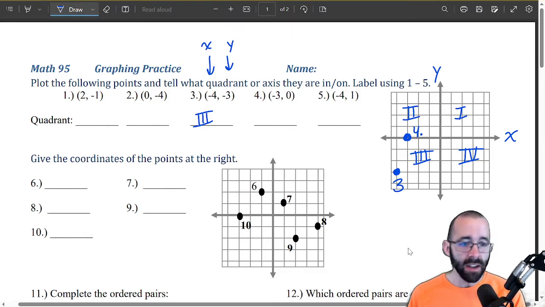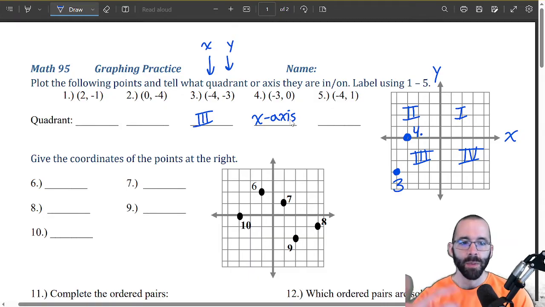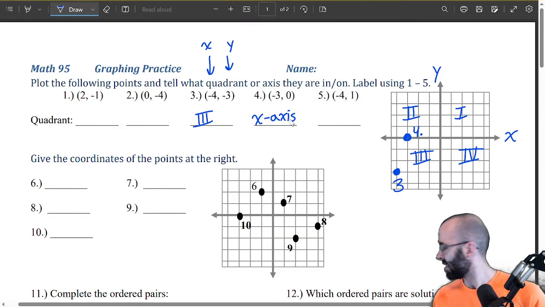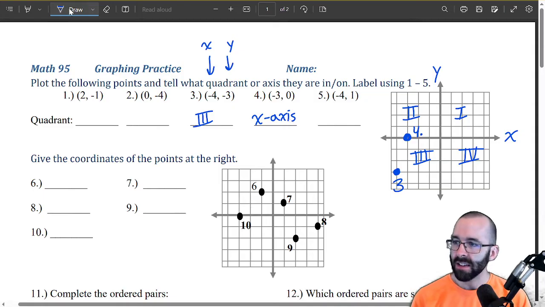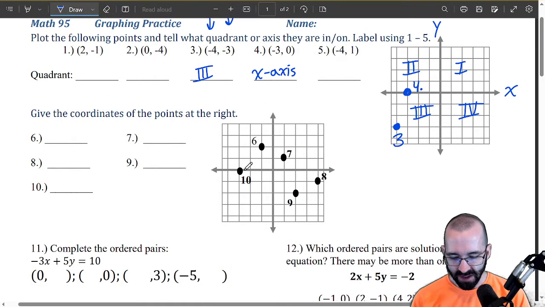It's not in any quadrant. It's on the x-axis. It's between the second and the third quadrant, but it is not part of it. Next up, I want to look at number 10. Give the coordinates of... wait, we just did that. It's the same point. Let's do number 8.